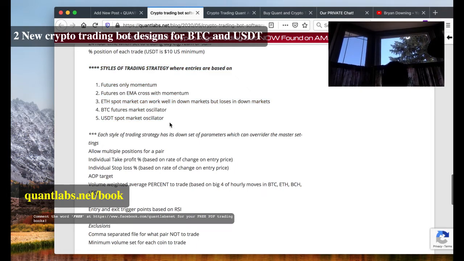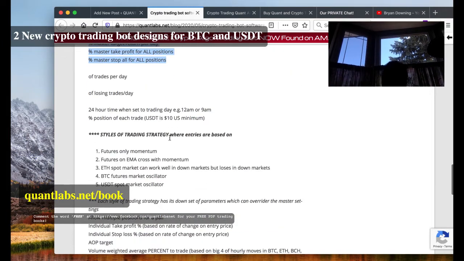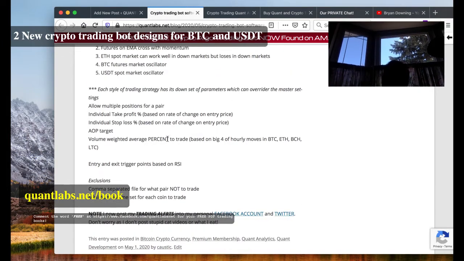But I'll address some concerns in a minute once I go through the individual settings for each of these strategies. So each of these strategies will have its own set of settings, and those will override what you set up here in the master settings. Okay, so these ones will override the master.